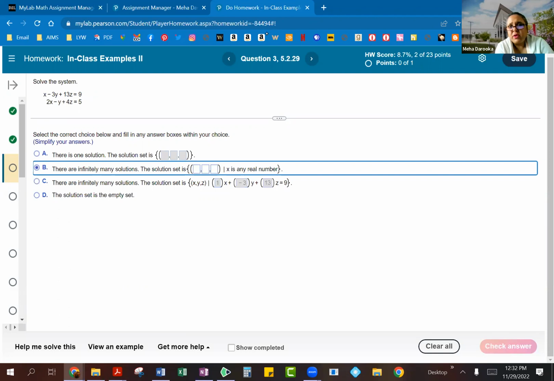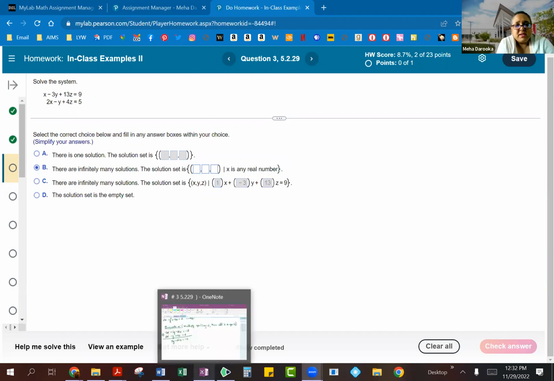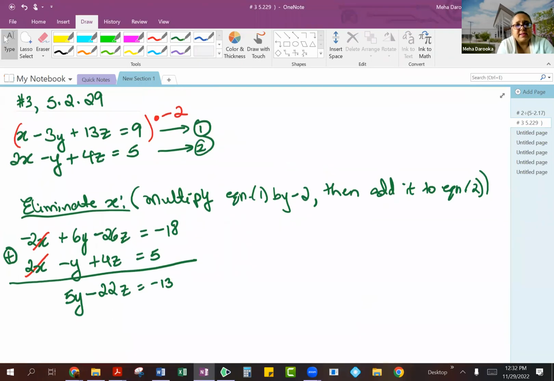So we definitely want to go for this one. And that means since we have to write our answers in terms of x, unfortunately, that means we want to keep the x and we don't want to get rid of it. So since we cannot do x, what other variable can we eliminate instead of x?